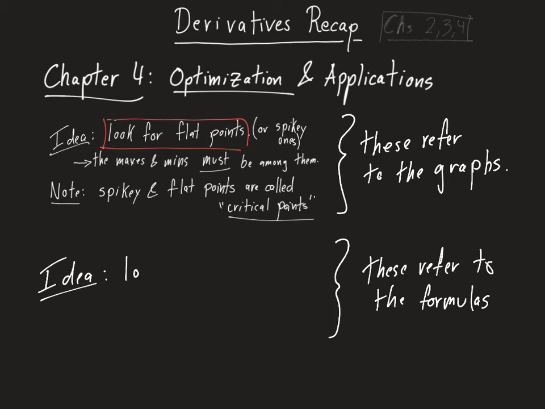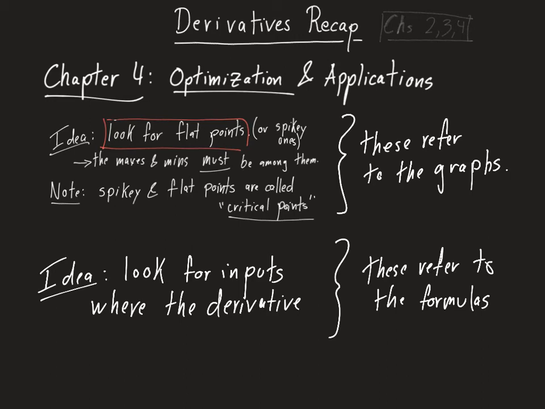The idea is look for inputs where the derivative either is 0, those are the points where it's flat, or does not exist. Those are points where it's spiky.